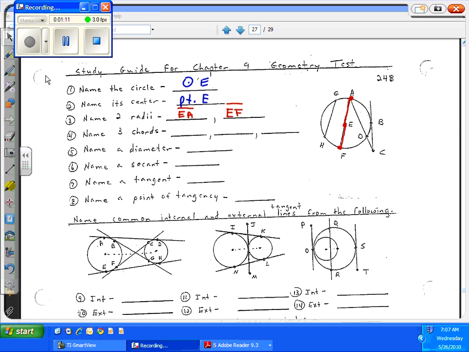Three chords. A chord is a segment that joins 2 points on a circle. GH is a chord. AC is a chord. AD, excuse me.